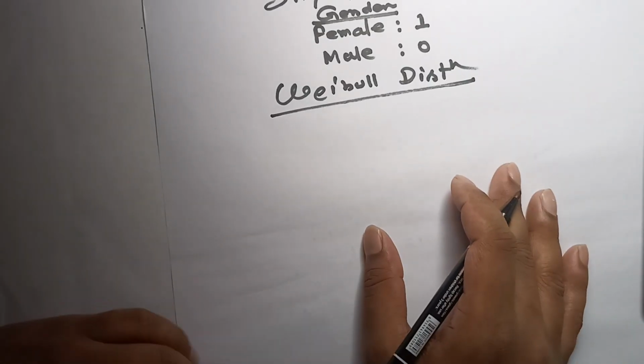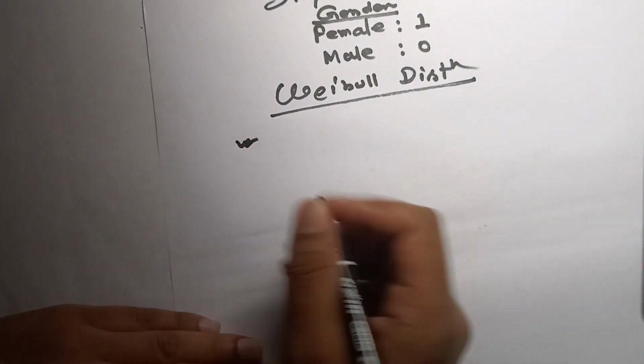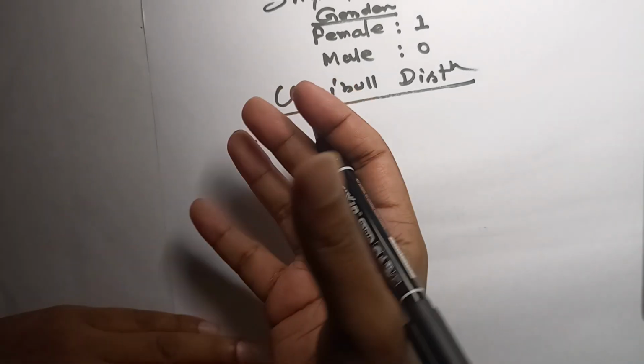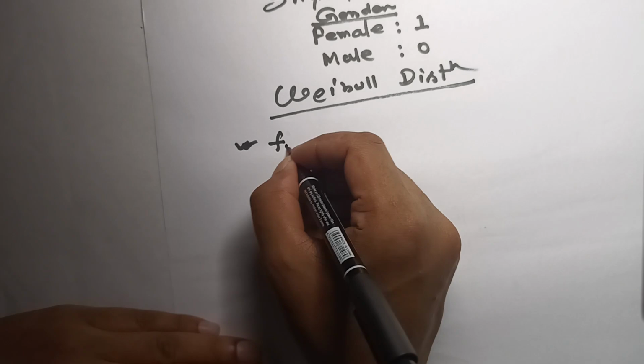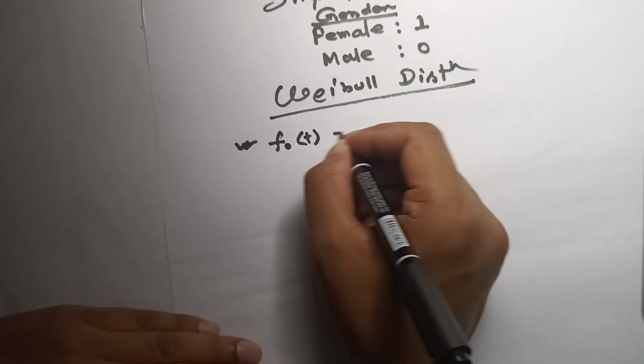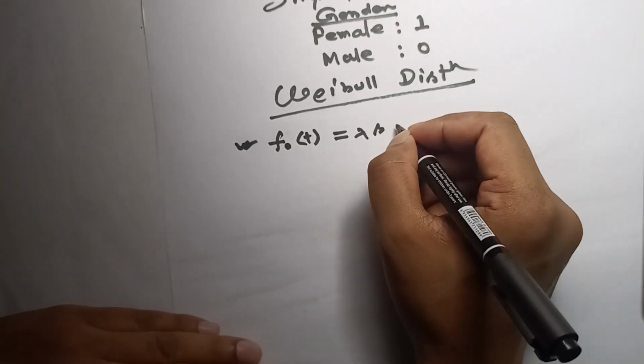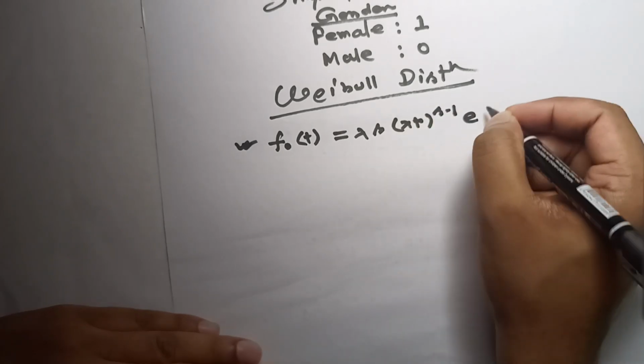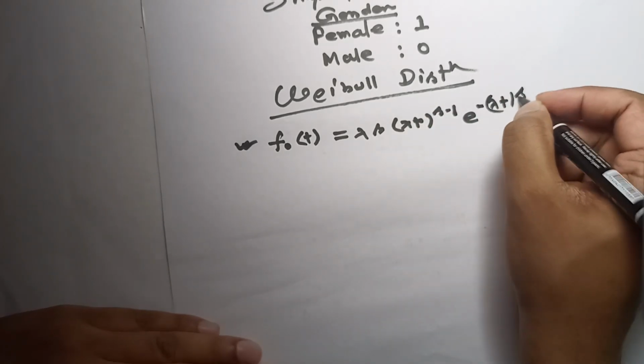Anywhere you find Weibull distributions, there are a few characteristics you also have to know. First is the PDF. We denote it f naught of t, and it is lambda beta, (lambda t) to the power beta minus 1, e to the power minus (lambda t) whole to the power beta.